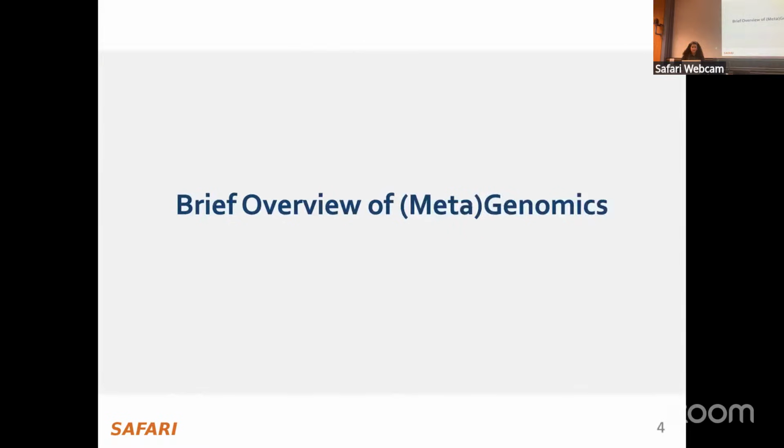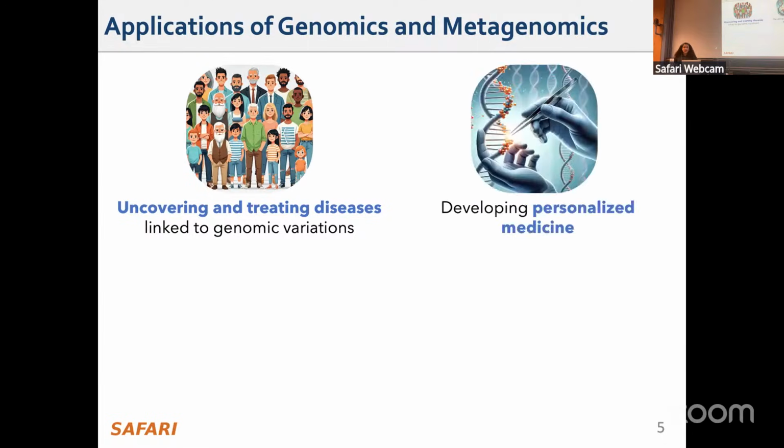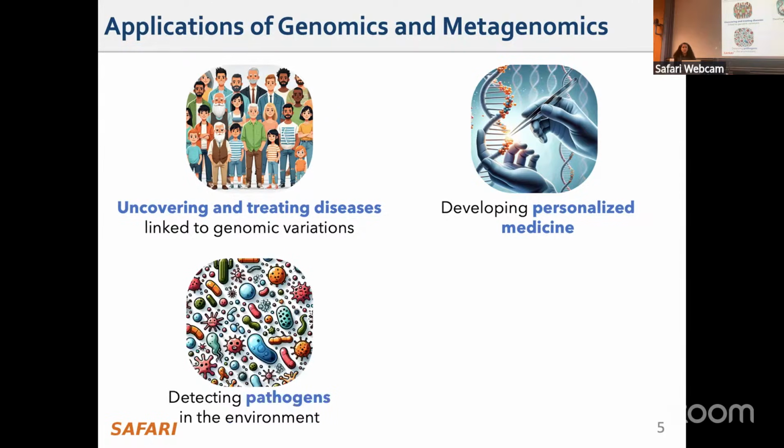So let's get started. Some brief overview of genomics and metagenomics. First, why are we going to talk about these? Because there are many important applications that are heavily impacted by these fields, such as uncovering and treating diseases that are linked to genomic variation, developing personalized medicine, which leads to much more accurate results compared to other methods in many cases, and detecting pathogens in the environment.